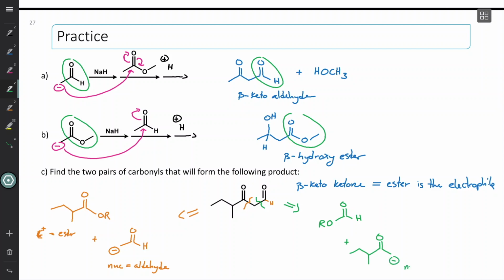So in this case, our nucleophile is a ketone, and our ester is still the electrophile. But both of these would work and form just that product if we did this stepwise.